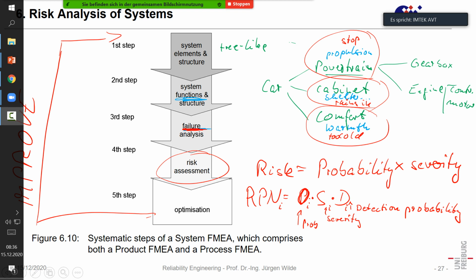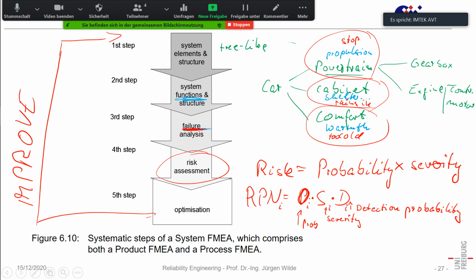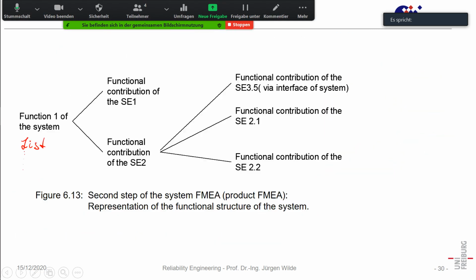In that way, we cannot generally avoid the failure. It still can happen in principle, but of course by detection we can reduce the probability that the failure will have an effect.